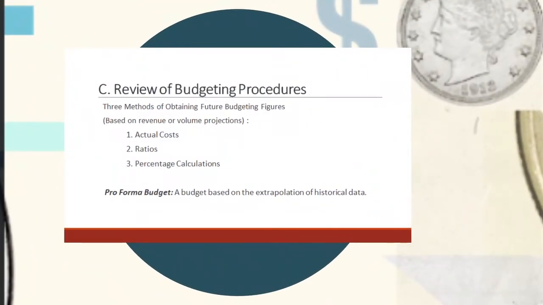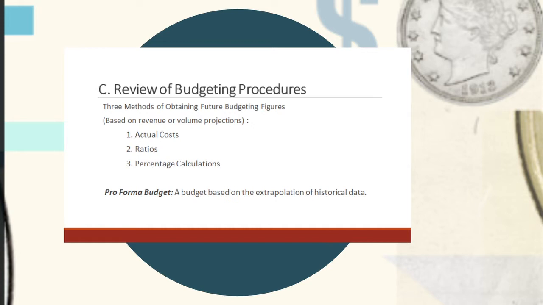After preparing the budget, management should review the process. And there are three methods of obtaining future budgeting figures based on revenue or volume projections. Number one is using the actual cost. This refers to the actual expenditure, including market price, delivery, and setup price. Ratios.